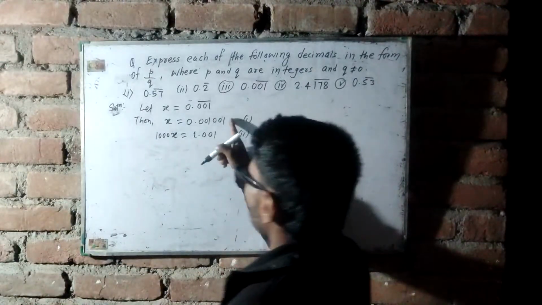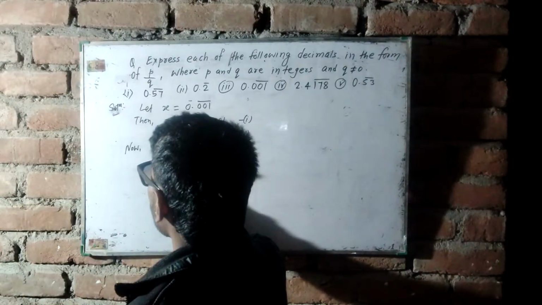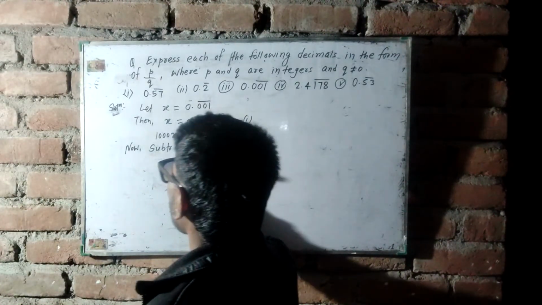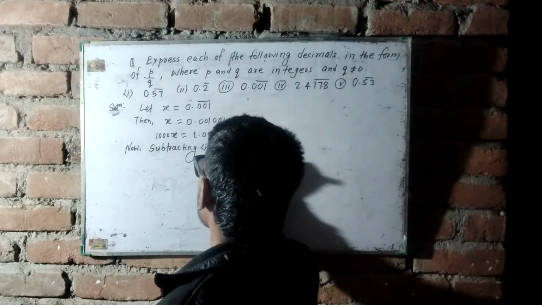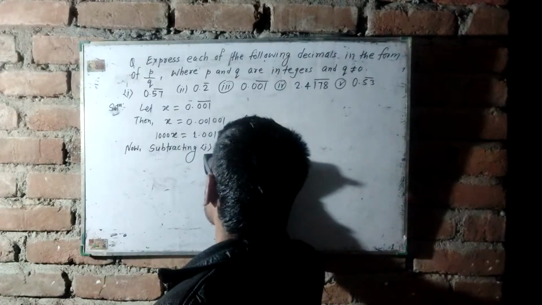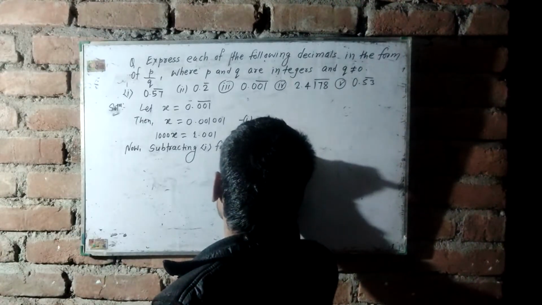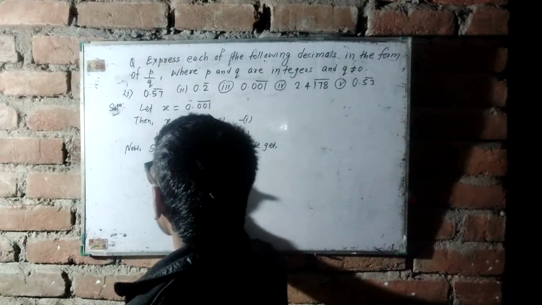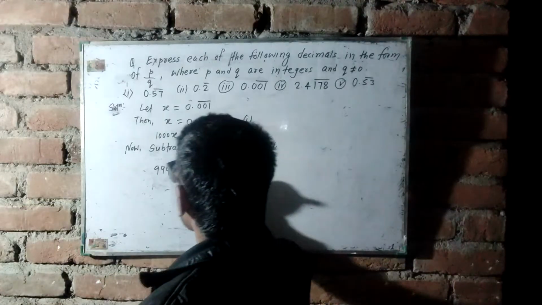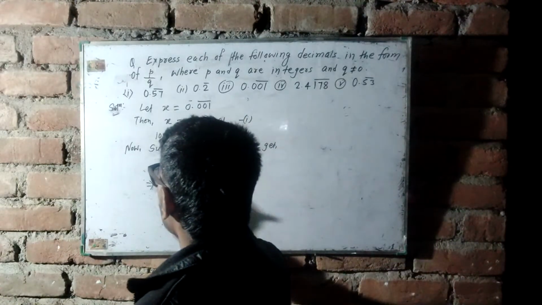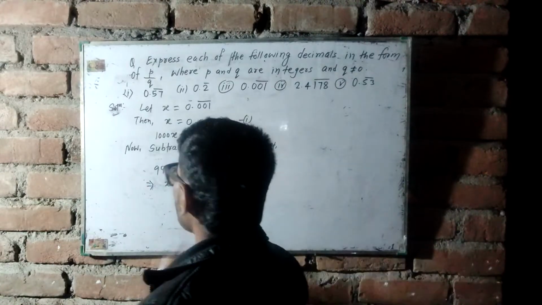Now subtracting equation first from equation second, we get 999x is equal to 1, which implies that x is equal to 1 upon 999.